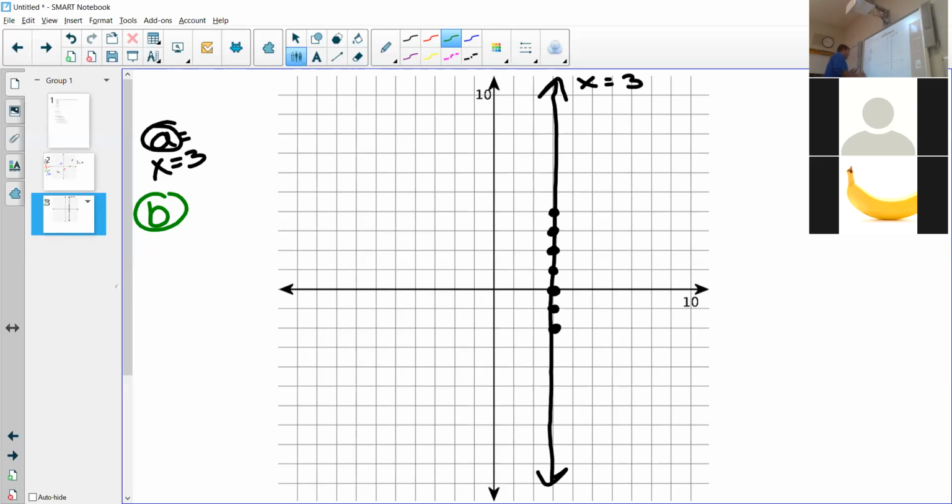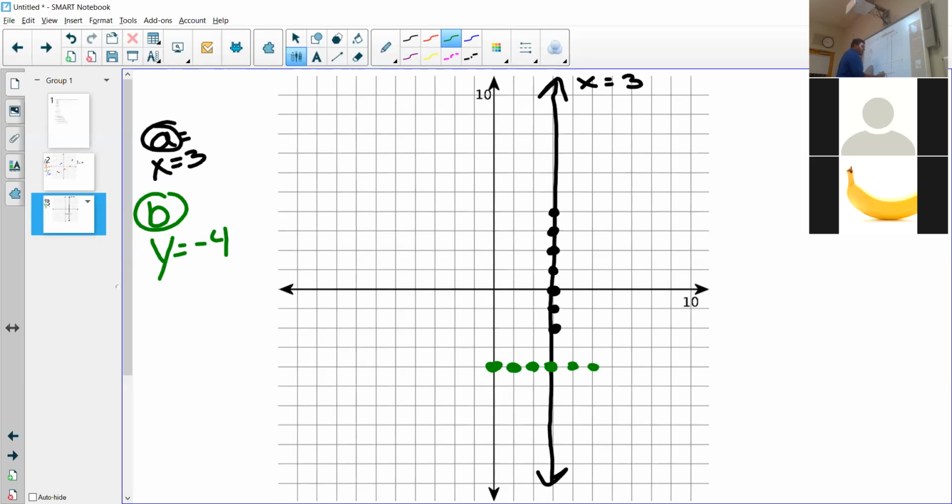Sorry. Yeah, so 2B, y equals -4. So every place where y equals -4, so that includes (0, -4), (1, -4), (2, -4), (3, -4), and so on and so forth.